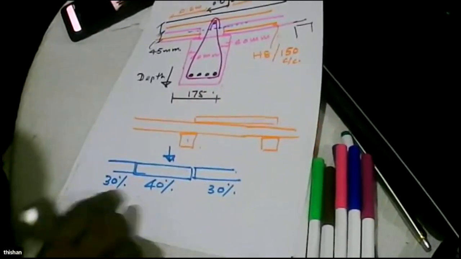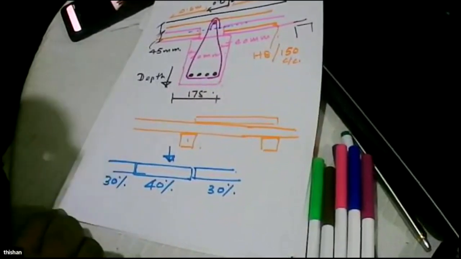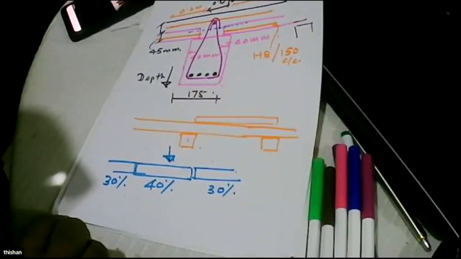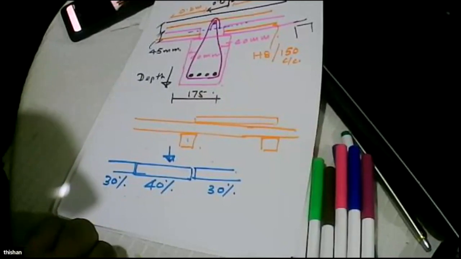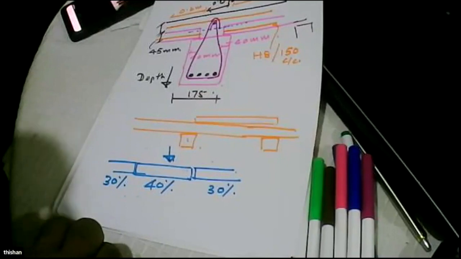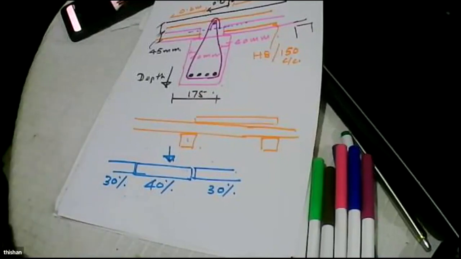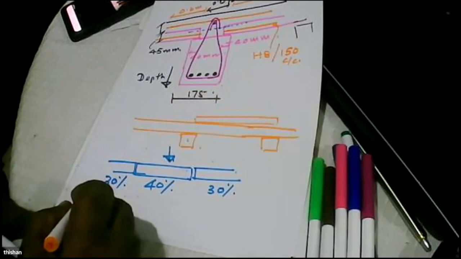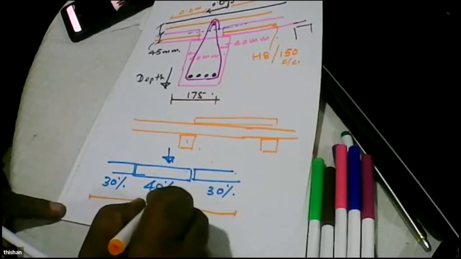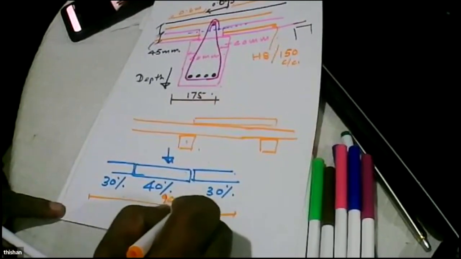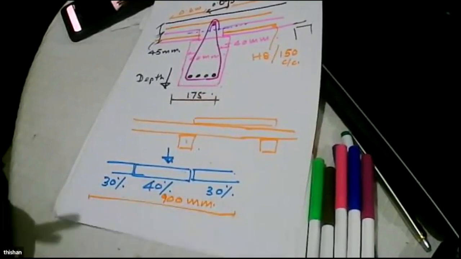Yes, clear, sir. So if you have any concentrated load, you can consider that only 40% of the load is taken by the slab supporting the load, and 30% will be distributed to the slabs on either side. So three slabs will share it, and the total width of the slabs will be 900.